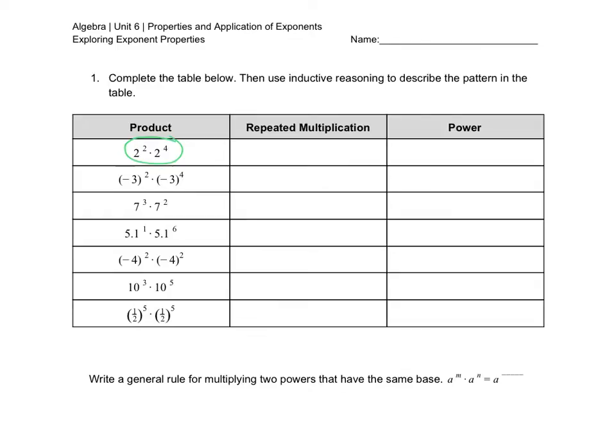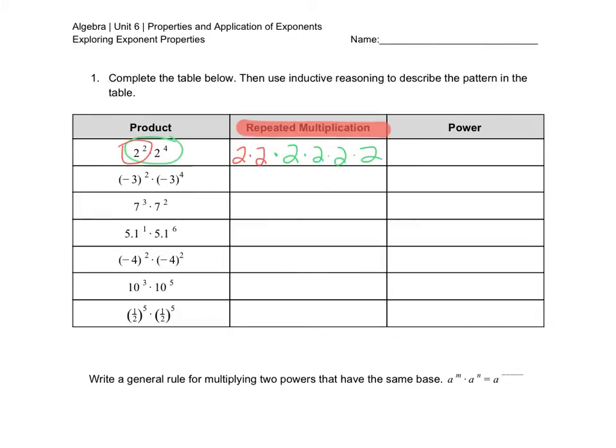If I were to write it out in repeated multiplication, I'm going to go ahead and write out what 2 squared times 2 to the 4th looks like in expanded form. That's going to be 2 times 2, which is 2 squared, and then the second one is going to be times 2 times 2 times 2 times 2.